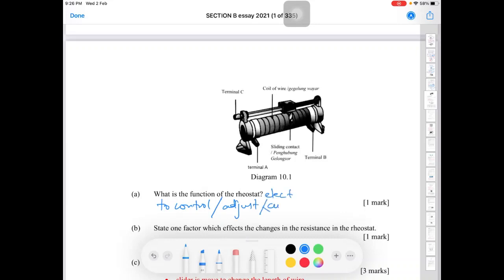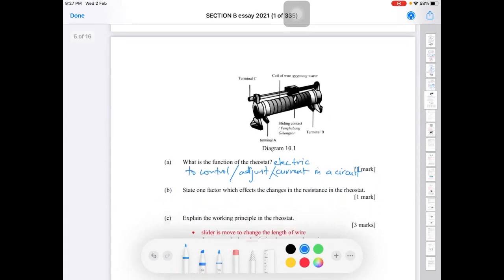Jangan tulis current saja, electric current in a circuit. Okay, so tu function rheostat. That means when you are doing your experiment, contohnya Ohm's law lah kan. Jadi you akan control the current. Then you look apa jadi dekat you punya voltmeter. Jadi you nak control current tu berapa ampere, you will use your rheostat.